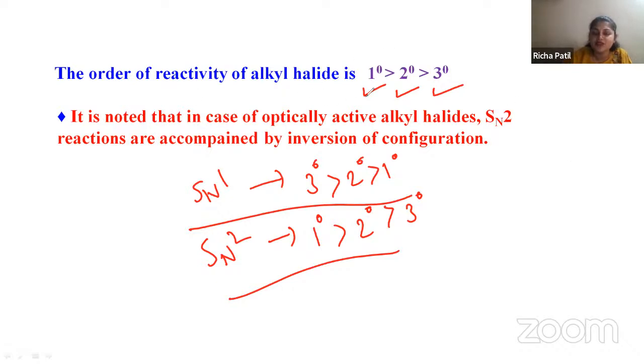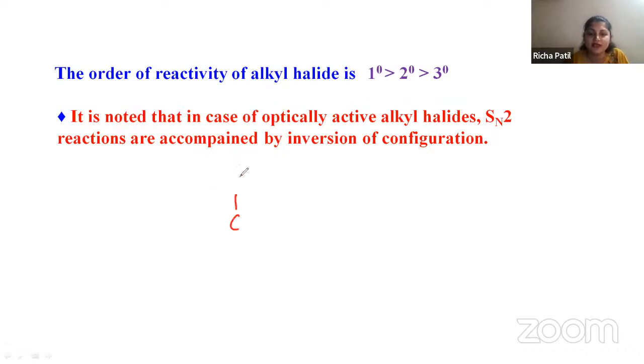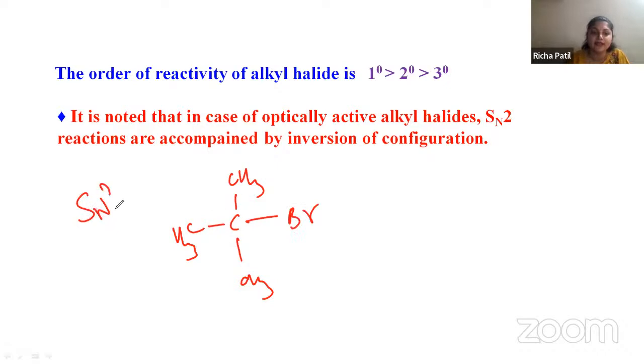Now, why is tertiary not so favoured in case of the SN2 mechanism? I'll tell you the reason. In SN1, tertiary is more stable, but why is it reverse in case of SN2? Because in this, the nucleophile will attack from the rear of the carbon.